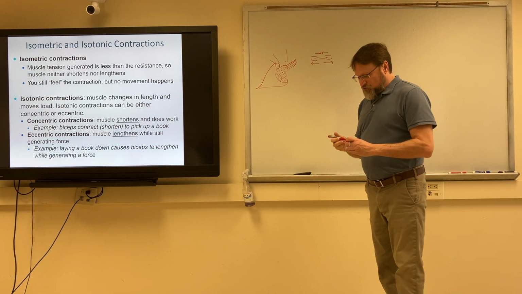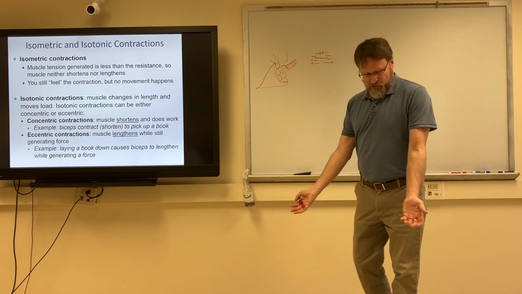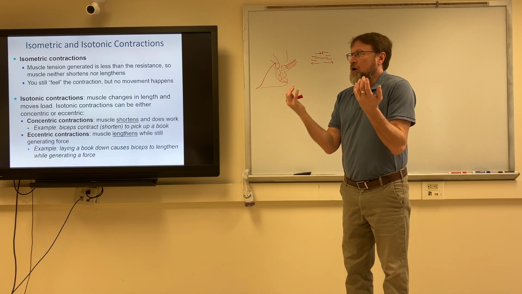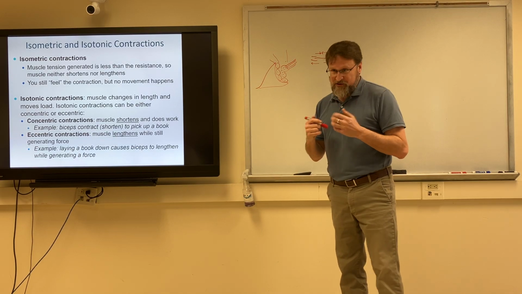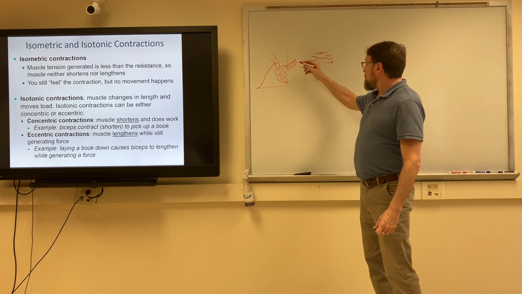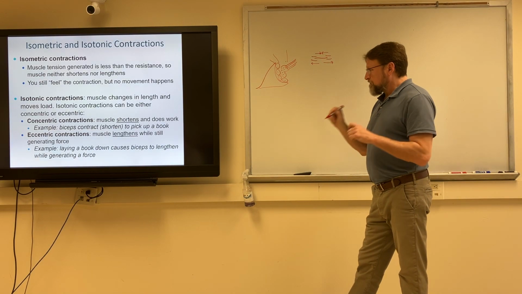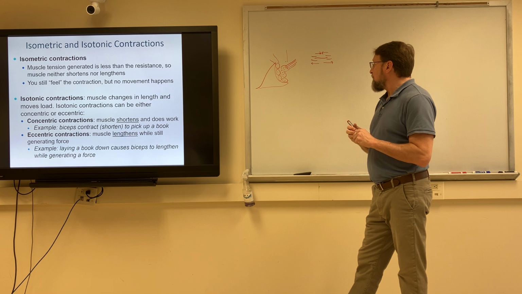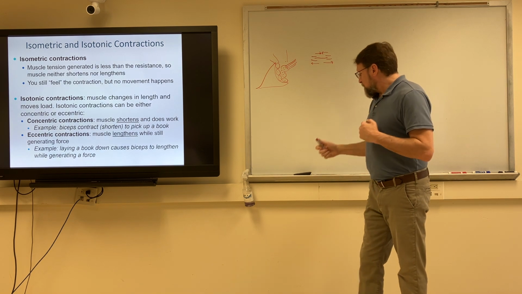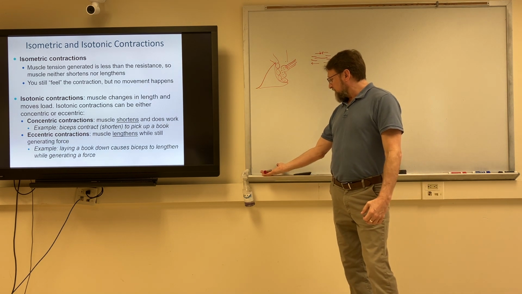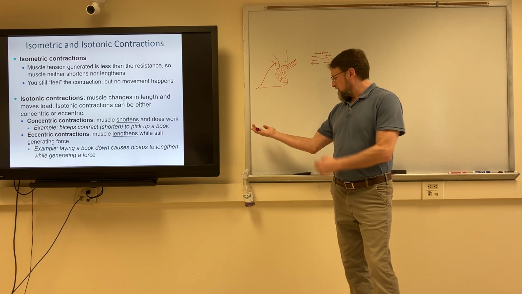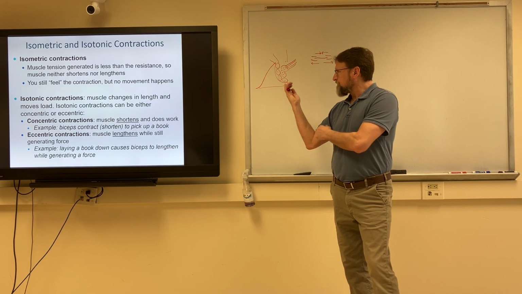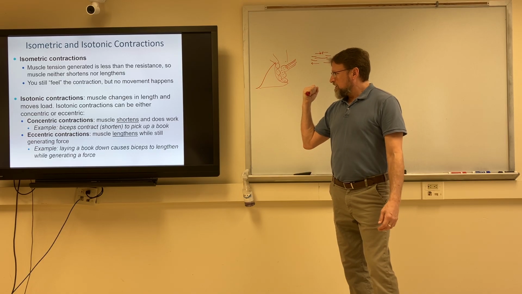Concentric means I use my muscle to shorten it, and generally I'm going to bring it up. Not always, but I'm using it to shorten, which is, as I mentioned before, all a muscle really can do. So if I hit a muscle with a neuron and say, let's go, it will shorten. So my hand, to take this pen off the whiteboard, I lift it concentrically with biceps brachii, and then there's non-concentric lowering.